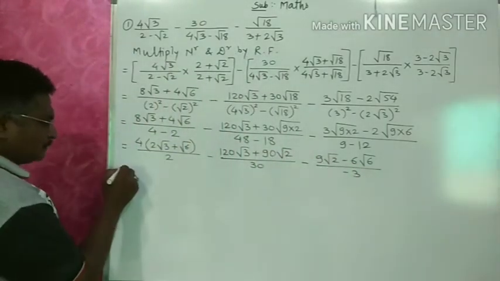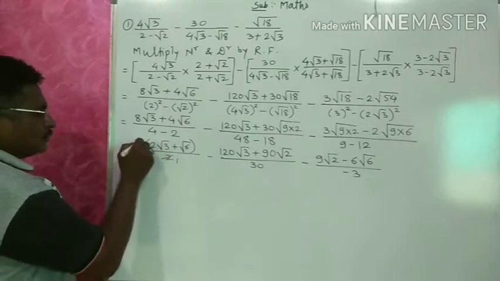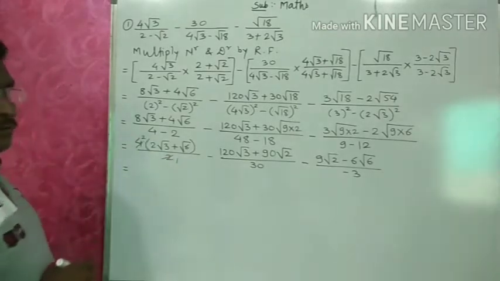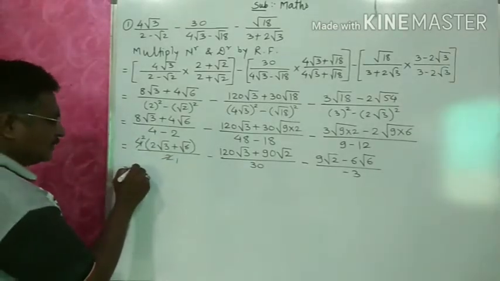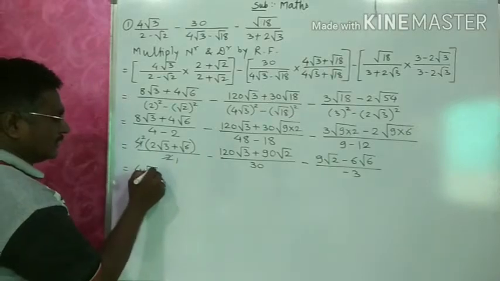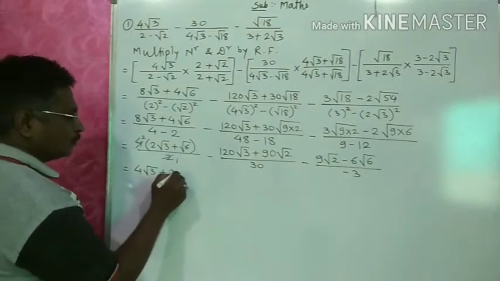Stepwise we have to go. 2 1s are 2, 2 2s are 4. So what will we get? 4 root 3 plus 2 root 6.